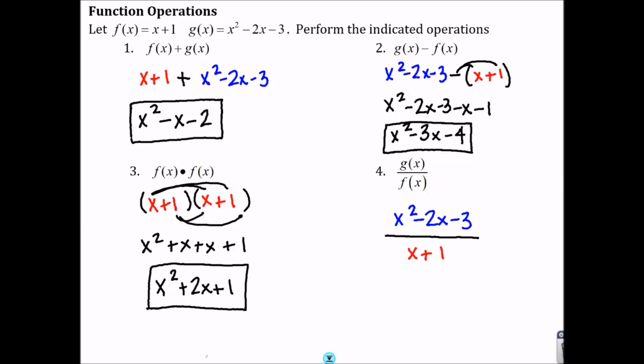You have to factor the numerator first. So if we factor x squared minus 2x minus 3, we need to find two numbers that multiply to negative 3 and add up to negative 2, which in this case is negative 3 and positive 1, because negative 3 times 1 is negative 3, and negative 3 plus 1 is negative 2.